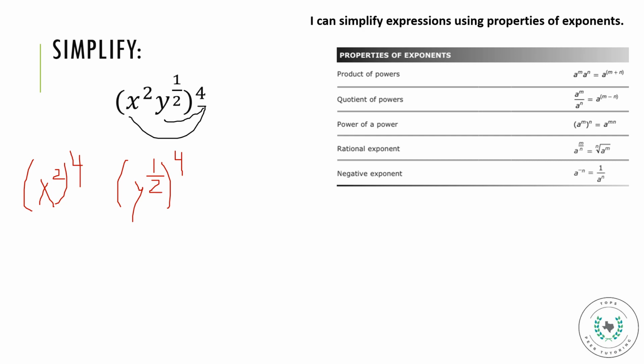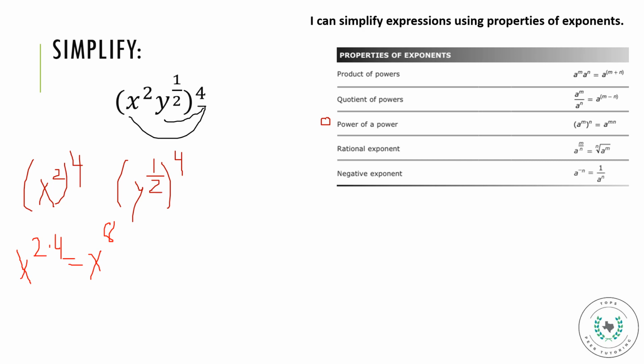Now, based on the power of a power rule, we are going to multiply these exponents together. So this turns into x^2 times 4 to give you x to the power of 8.